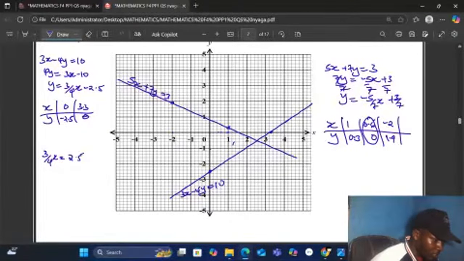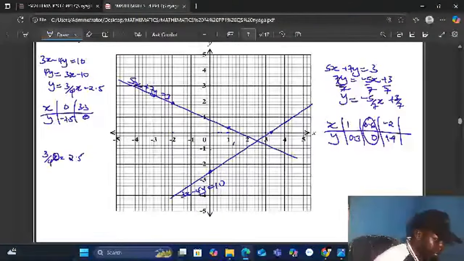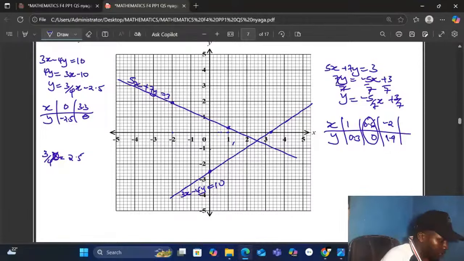We have y as 0. Now we can take x, we can replace our y with 0, so that we have 3 over 4 x.